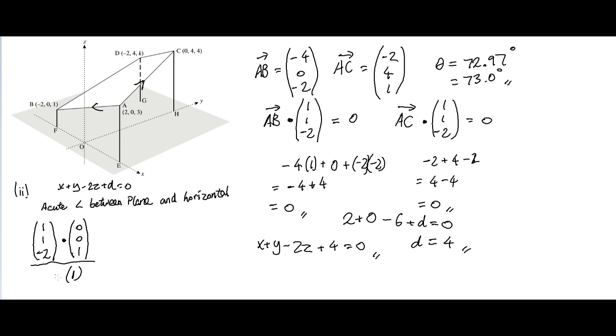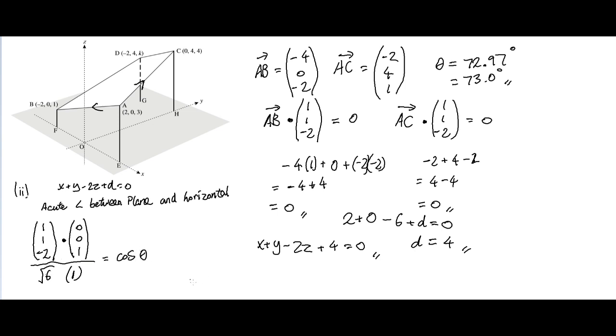Then multiply that by the magnitude of the normal vector 1, 1, minus 2. So that is 1 squared plus 1 squared is 2, plus minus 2 squared, which is 4, so that is root 6, equals cosine of theta.